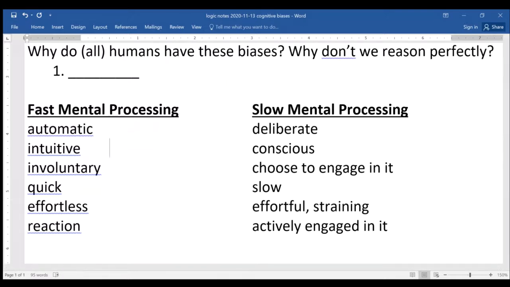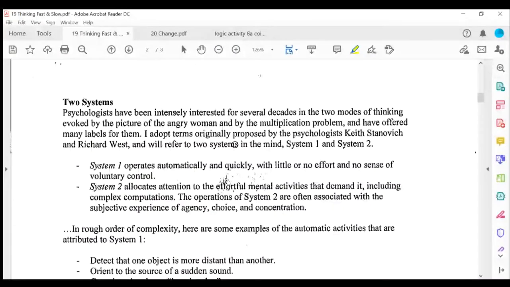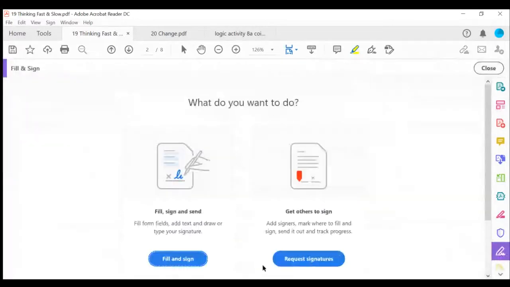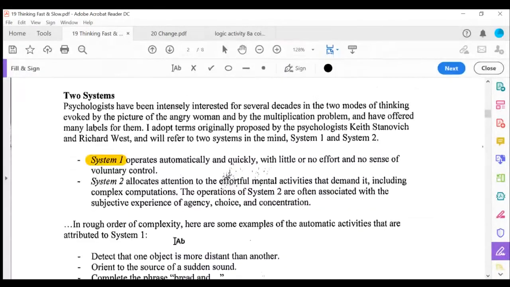All right, so let's go back to our article for a second to see other examples of what's going on here. Too many things open. All right, so scrolling to the second page here, we've got our two systems right here. System 1, that's what we're going to refer to as our fast mental processing or our fast thinking. I call these a few different words, fast thinking, fast mental processing. Sometimes I'll just refer to this as our fast brain.